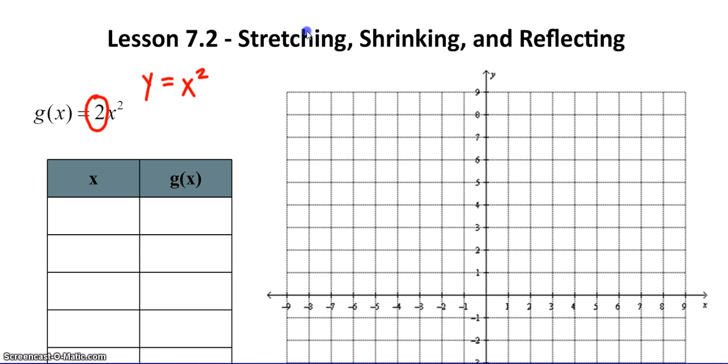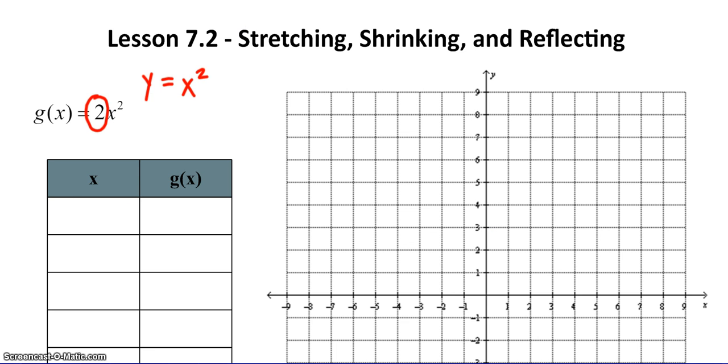Hopefully, from the last lesson, you have a really good idea of what y equals x squared looks like, and you can plot it on a coordinate plane fairly quickly. Hopefully you've gotten used to graphing those parent functions, y equals x squared, over and over again, where you know what the inputs and outputs are on a standard -10 to +10 x axis and a -10 to +10 y axis.